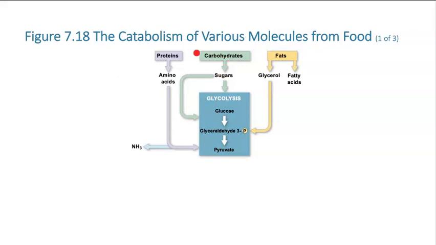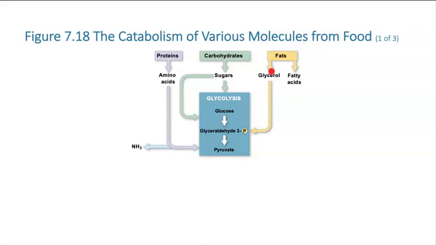Carbohydrates like starch and glycogen can be broken down into their component sugars, and specifically here glucose, and glucose is going to enter glycolysis. Sometimes if you're breaking down sucrose, which is made up of 2 sugars, glucose and fructose, glucose would enter glycolysis as glucose, and fructose would enter as fructose 6-phosphate.